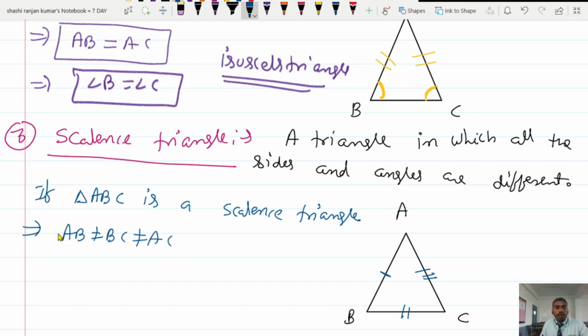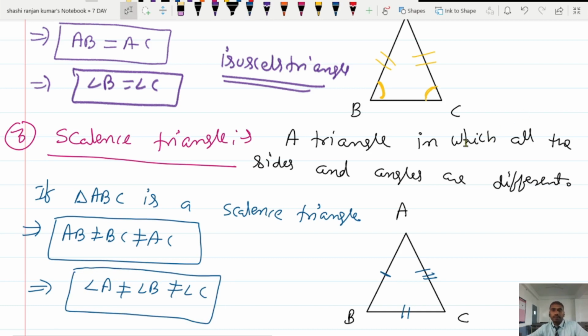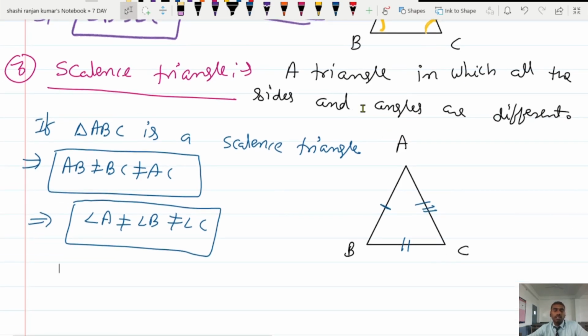So all are different, and also angle A is not equal to angle B is not equal to angle C. This is known as the scalene triangle. Any question up to here? These are the three types we have taken on the basis of sides.